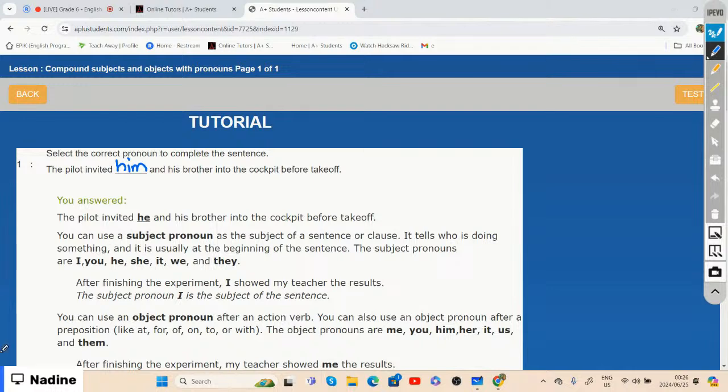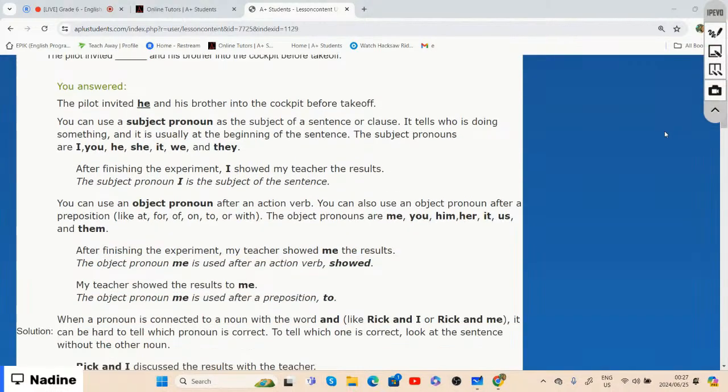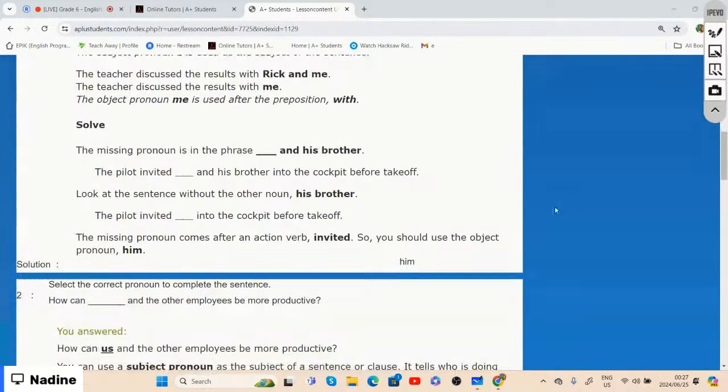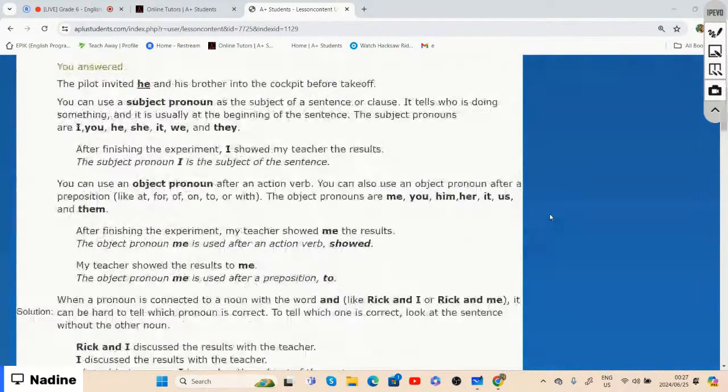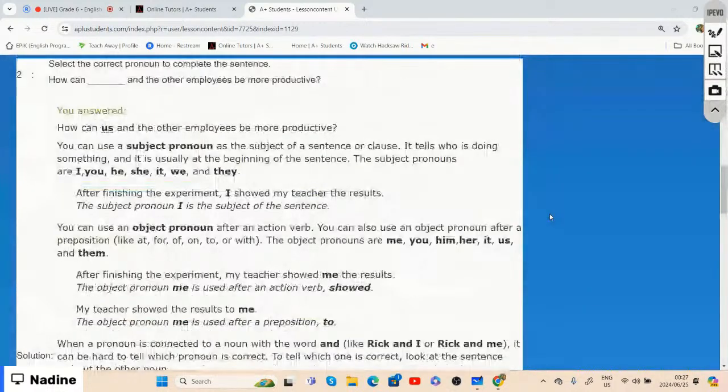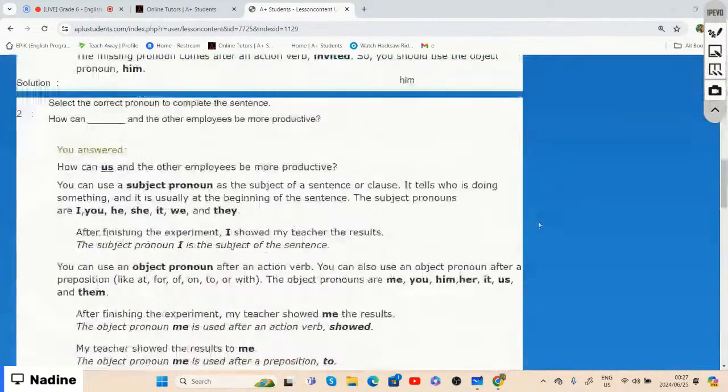So it's not he, but him, because he is the person who does the action, but him is the receiver of the action. All right, we're going to the next one.